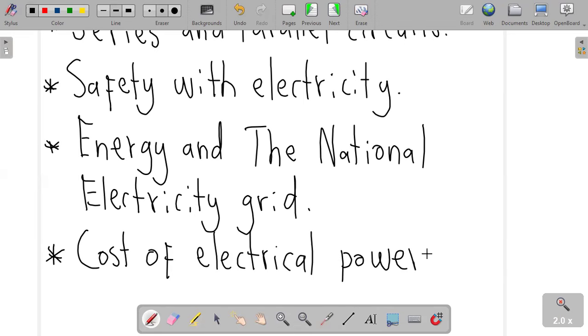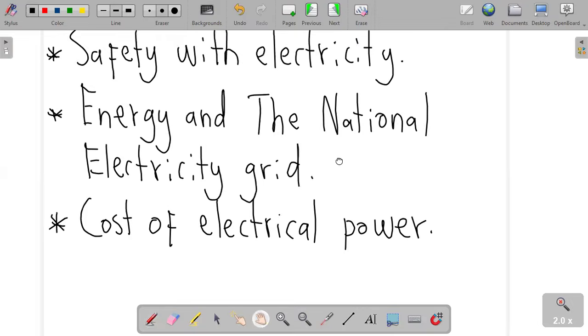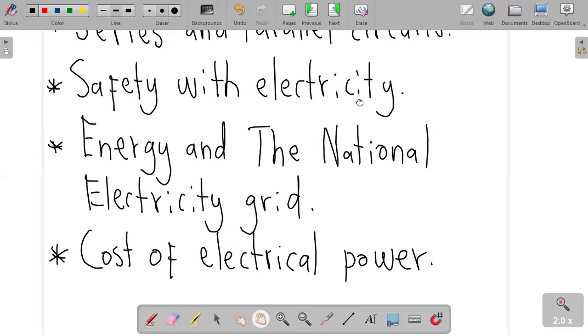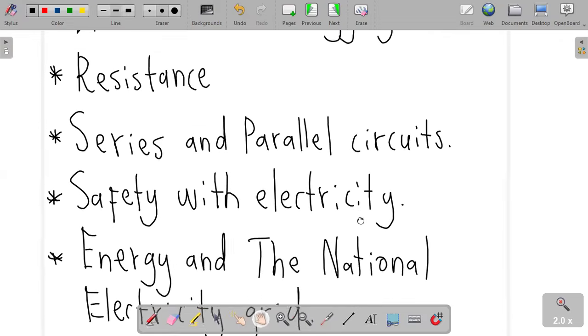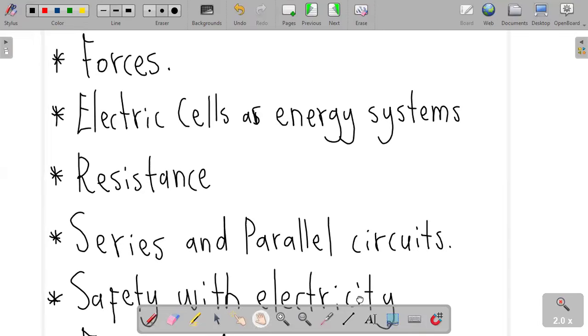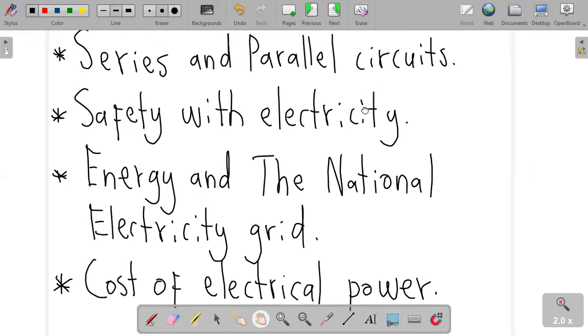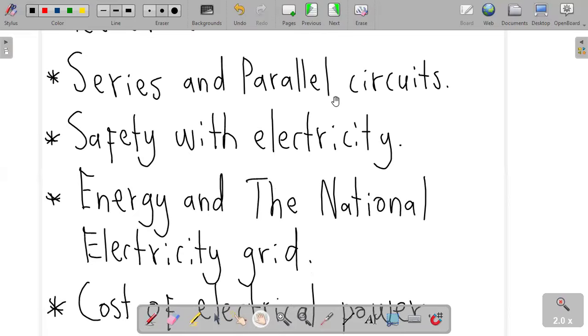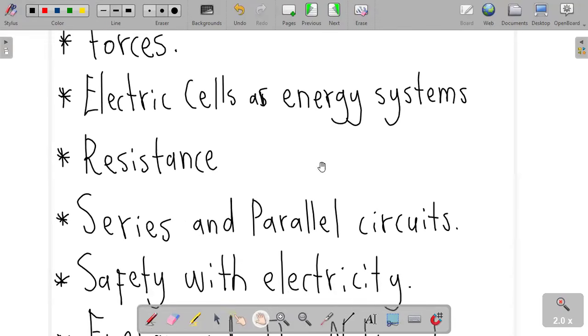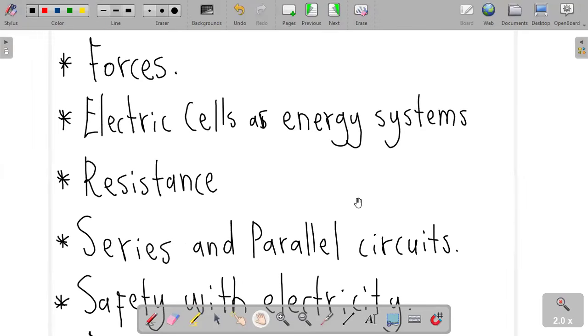So this is what we're going to do throughout the term. So over here is an outline of what is going to be happening this term. The topics for this term, there are 7. So let's not waste any time, guys.